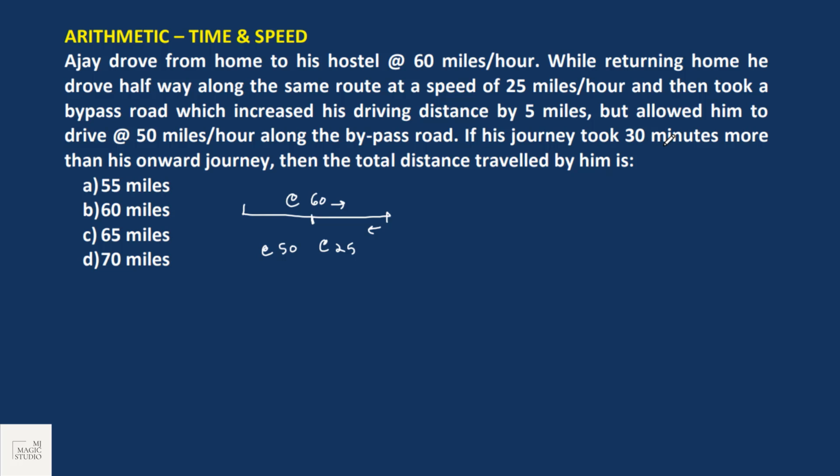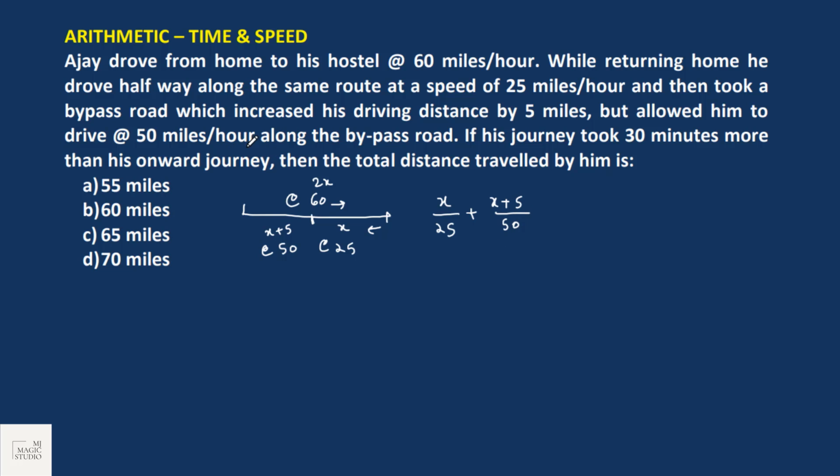If his journey took 30 minutes more than its onward journey, let this distance be x, then this distance becomes x plus 5, and the actual onward journey was 2x. So the time taken while returning is x by 25 plus x plus 5 by 50.